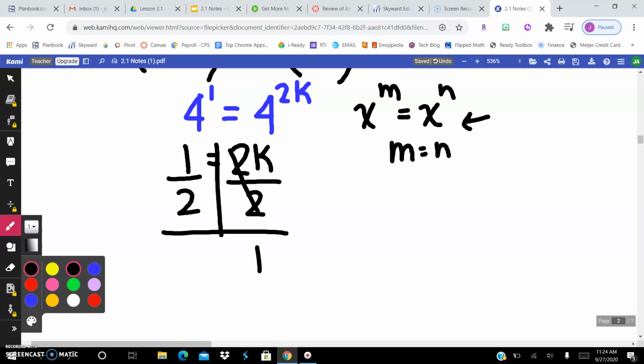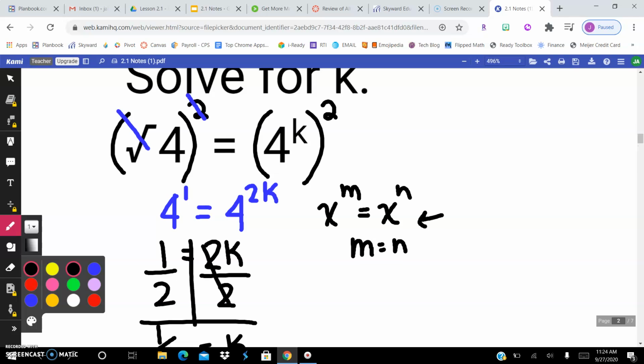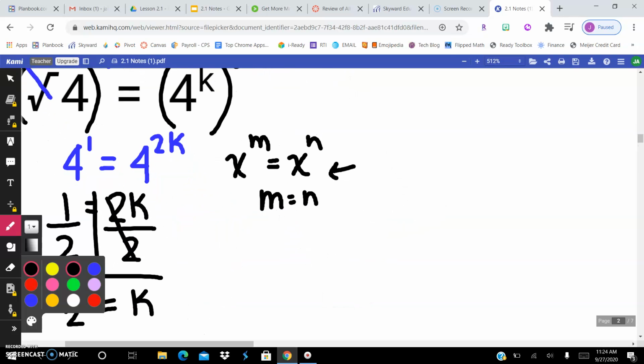And I'd be left with k on this side and 1/2 on this side. So if I go back to my original problem, they're telling me that the square root of 4 is equal to 4 to the 1/2 power. So those are interchangeable. That's going to be useful information later on when we get working on some of the problems.